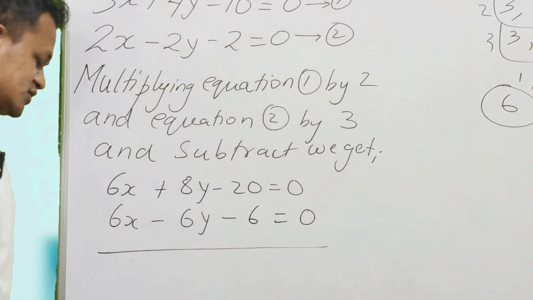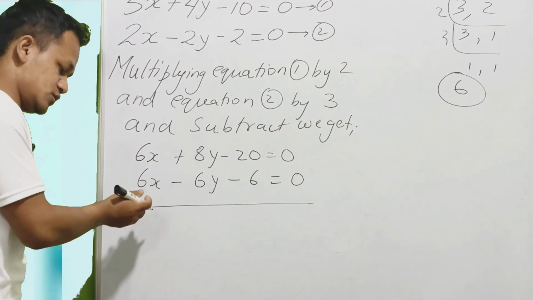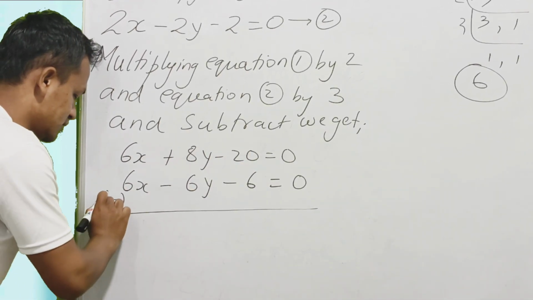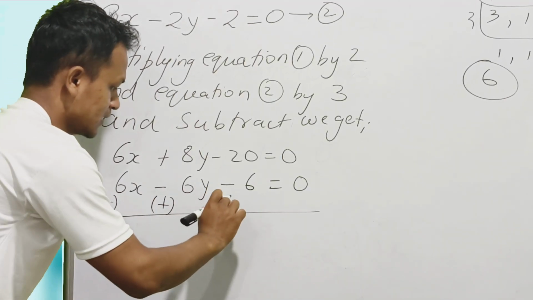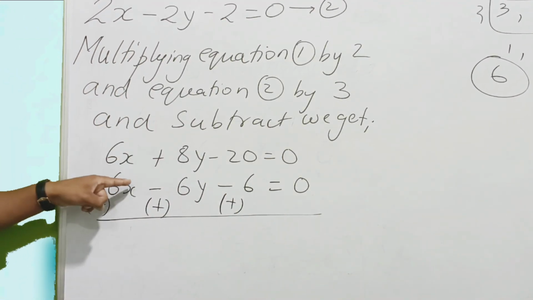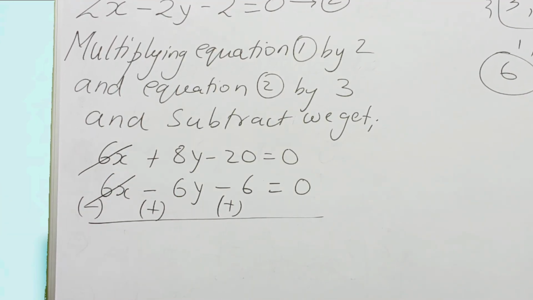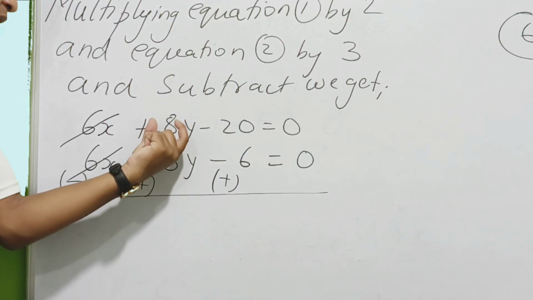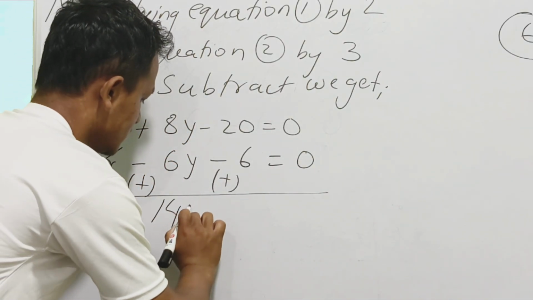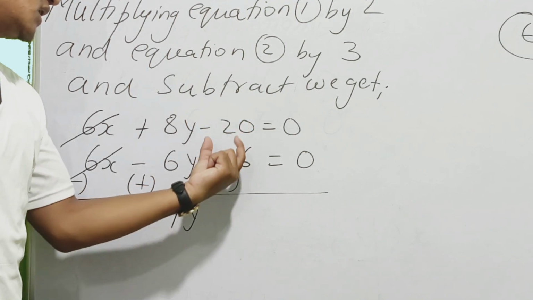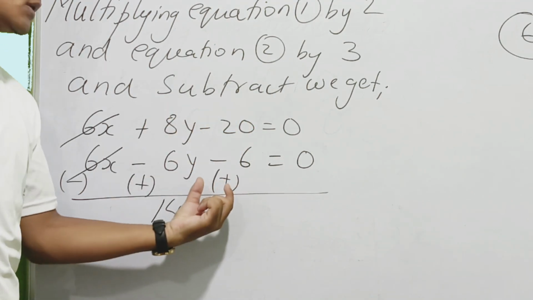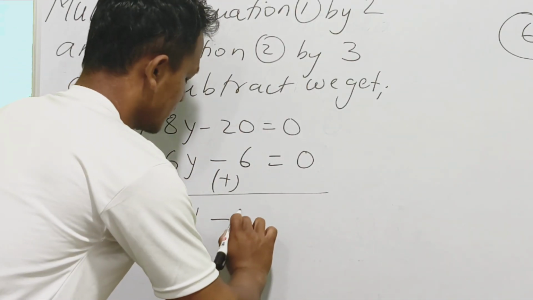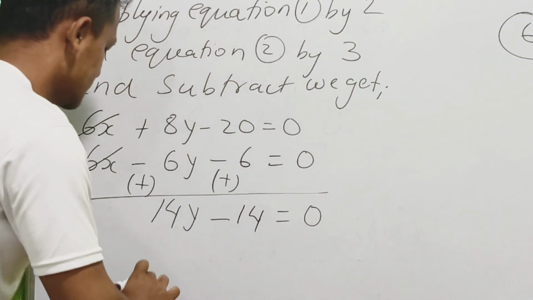When you subtract, the signs of the terms below will change to the opposite: plus changes to minus, minus changes to plus. 6x minus 6x gives 0. 8y, plus the changed sign of minus 6y, so 8 plus 6 gives 14y. Similarly, minus 20 plus 6 gives minus 14, which is equal to 0.